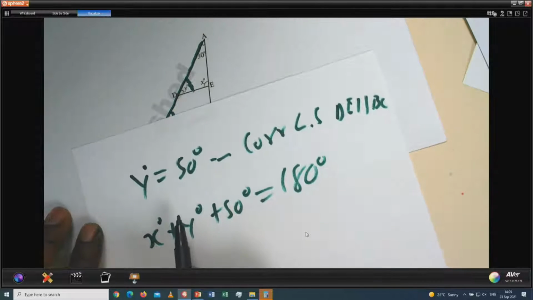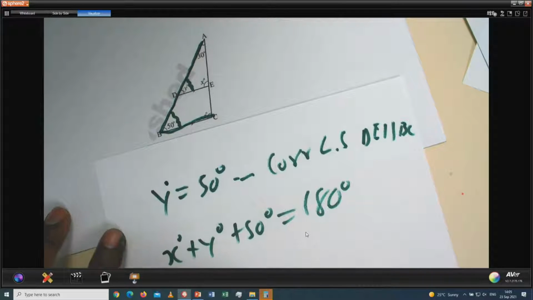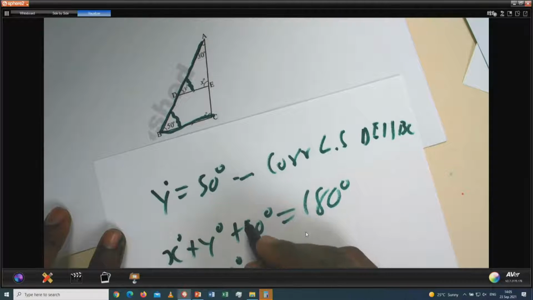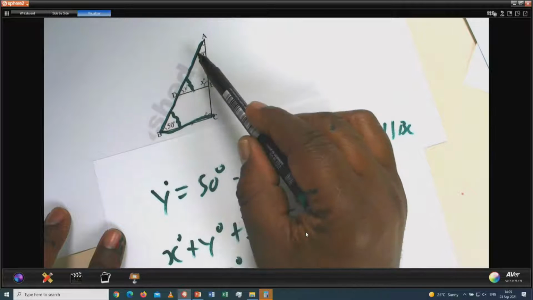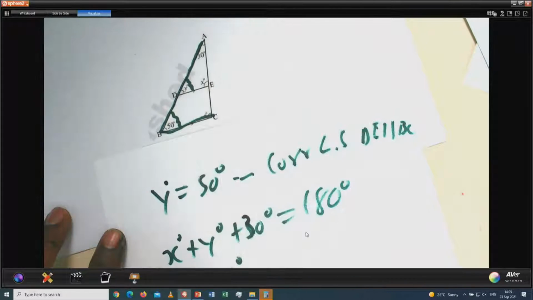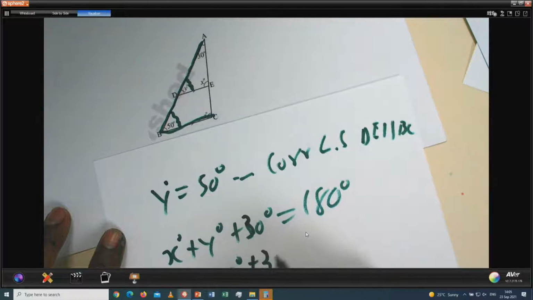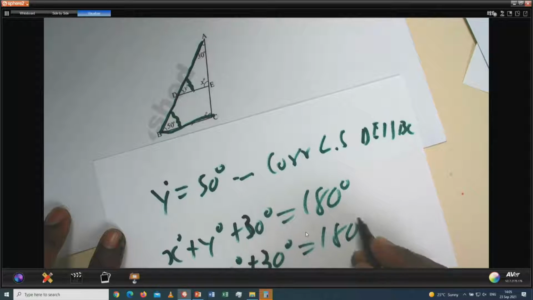But now you've got your y here is 50. Therefore, x plus y plus 30, not 50, 30, sorry. X plus y plus 30 gives you 180 degrees.